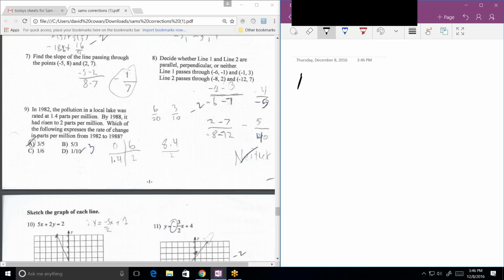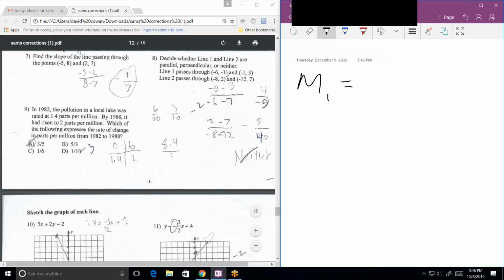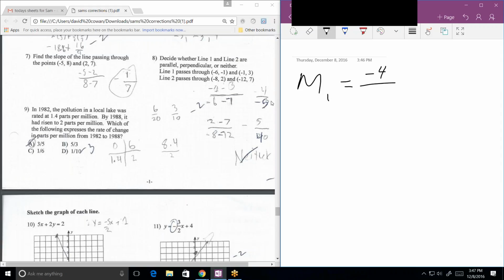So what is the slope of line 1? You got -1 minus 3, which is -4. And then you got -6 minus 1, which should be -7. So you should have got -4 over -7, which is 4/7.